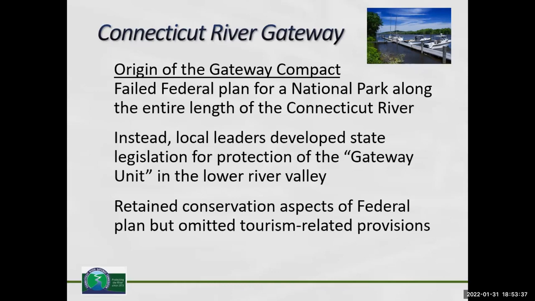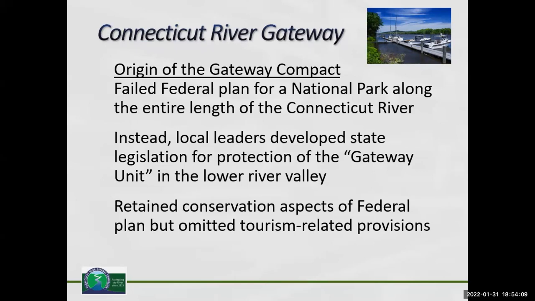They were environmental leaders, and they went to the legislature and had that legislation adopted. What they did was retain the conservation aspects of that federal plan, but omit the tourism related provisions. If that federal park had passed, I'm sure you're all familiar with the preserve, the central location of the park headquarters would have been up at the preserve.